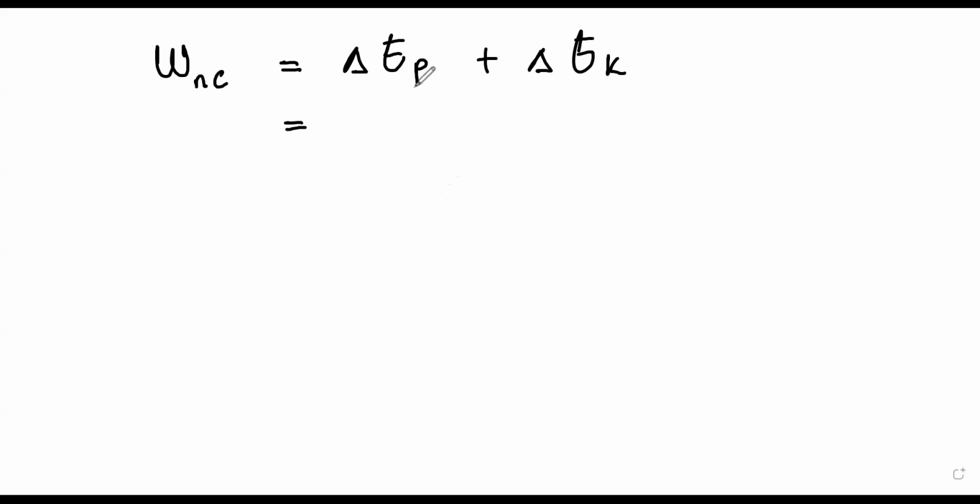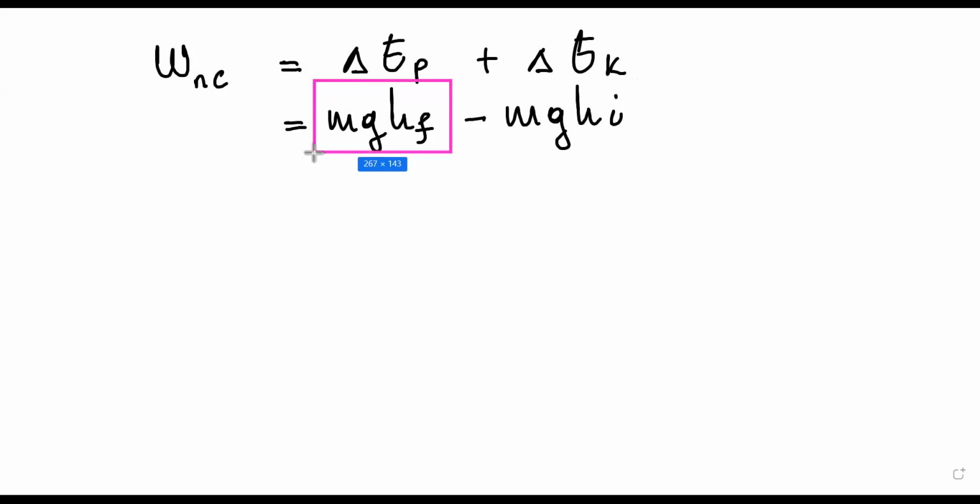Now, what is the meaning of the change in potential energy? We are supposed to say it's mgh final minus mgh initial, because we understand this is a formula for finding the potential energy, mgh.